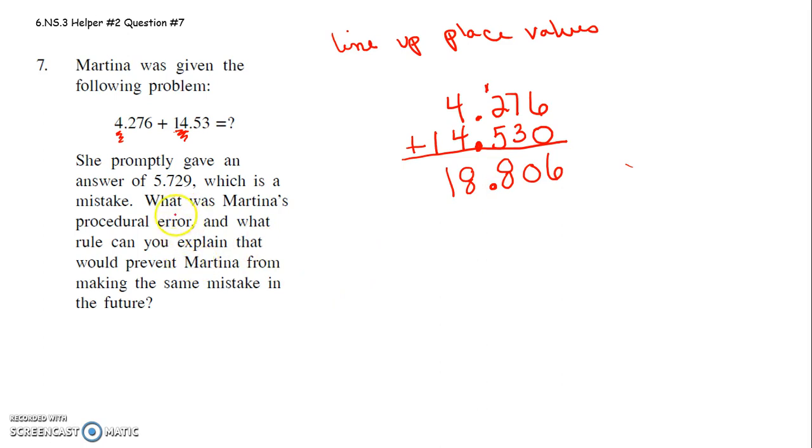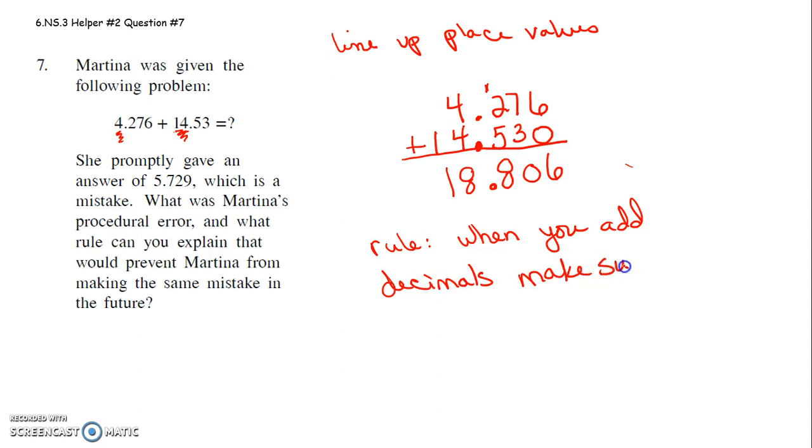Now it says, what was her procedural error? I bet you she forgot to line up her place values. What rule can you explain that would prevent Martina from making the same mistake in the future? Okay, so our rule is when you add decimals, make sure you line up the place values.